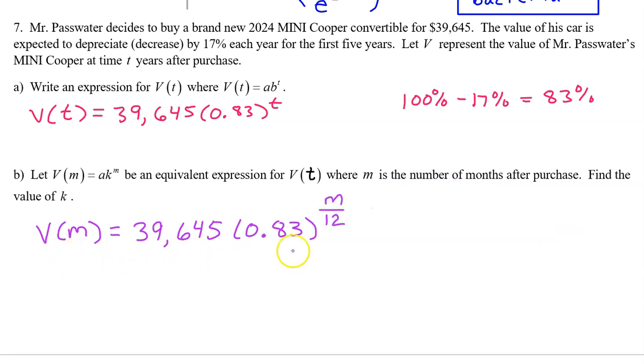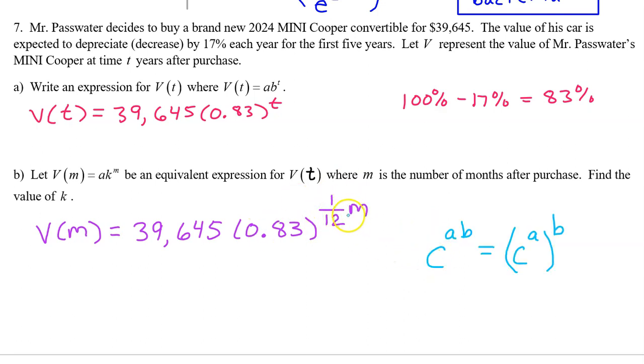This is an equivalent expression and it involves m, but we're not done because they told us to write the model in the form a times k to the m power, not a times k to the m over 12 power. I don't feel like recopying the whole problem just to make this one small change, but m over 12 is the same thing as 1 over 12 times m. So allow me to make that substitution right here.